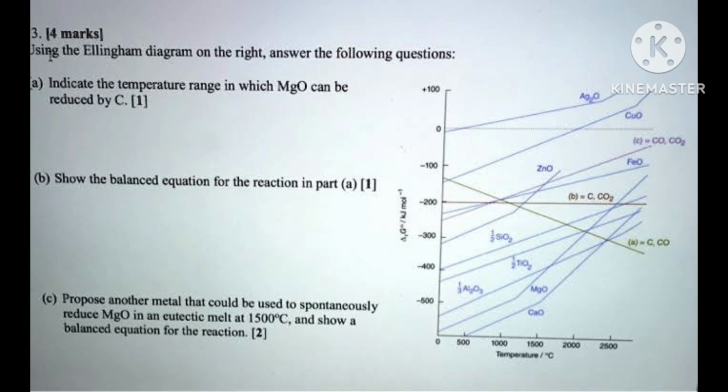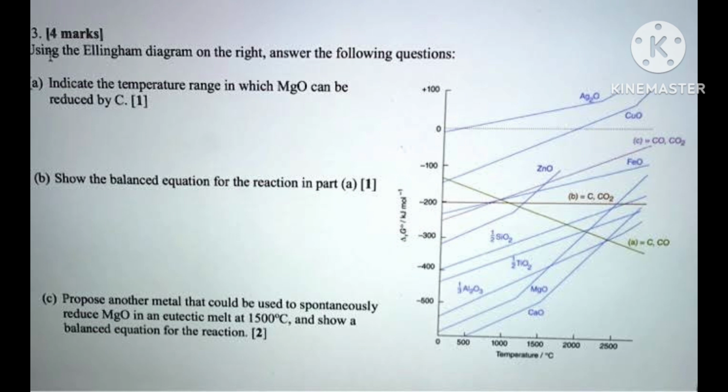Now you are writing the direct reaction between aluminum oxide and magnesium: 2/3 Al2O3 plus 2Mg gives 2MgO plus 4/3 aluminum. Now you are getting aluminum reduced; aluminum metal you are getting.